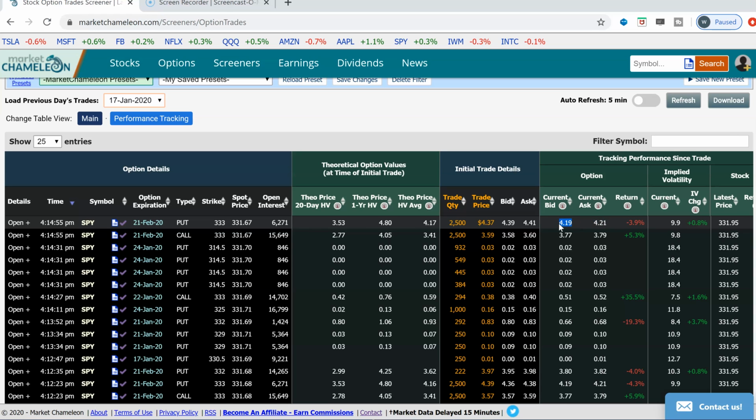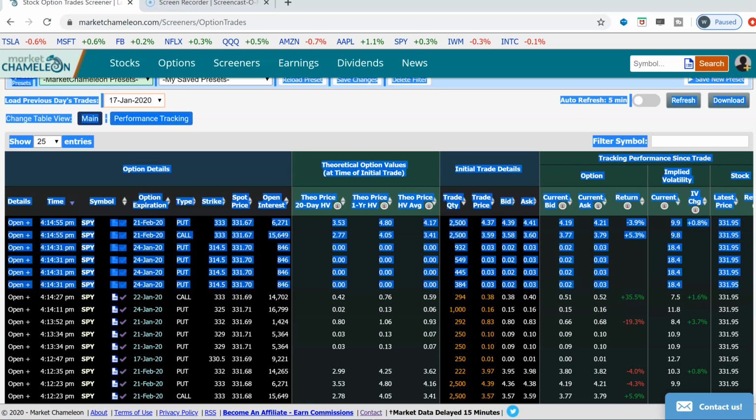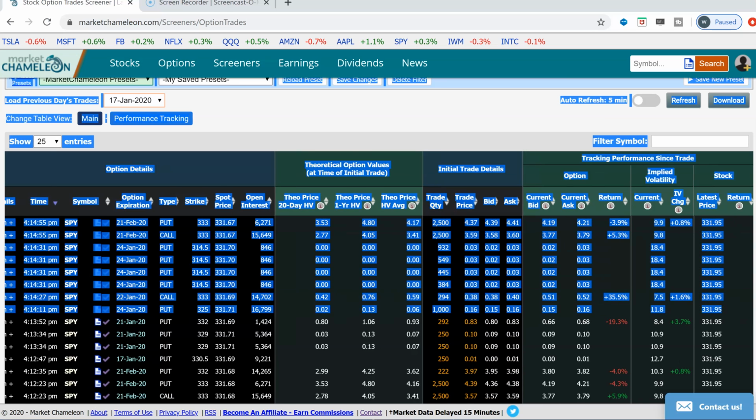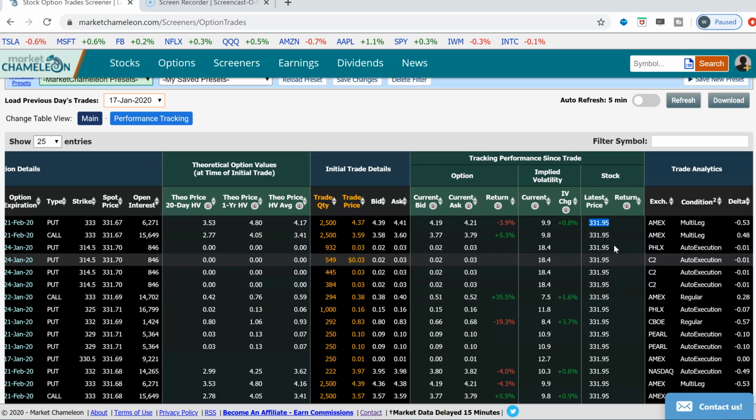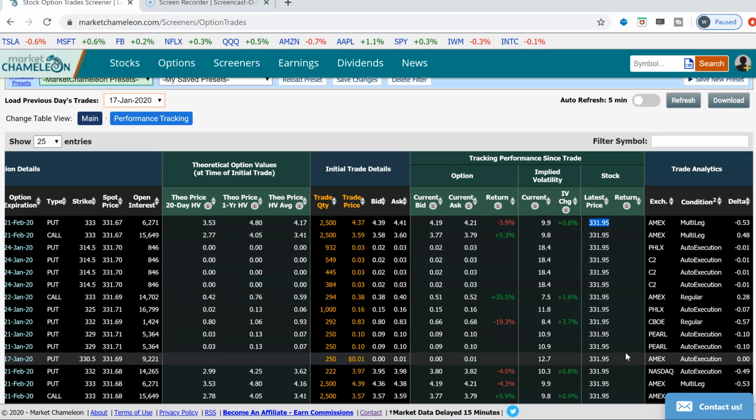This way we can compare the current market and BBO to the initial trade and see what the return has been so far in that option. And then we also see the implied volatility, if it went up or down since the initial trade. If we slide over a little bit more, we can see the current spot price versus the original spot price, and whether that has gone up or down.